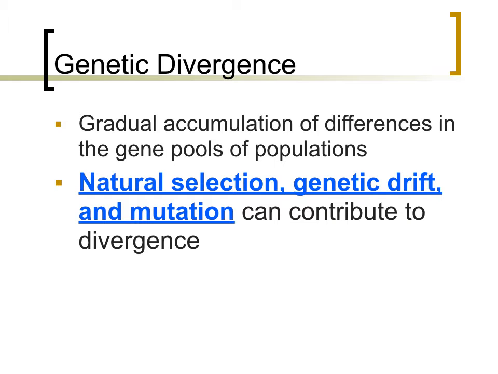So that change in the gene pool, natural selection is going to change the gene pool because natural selection is going to select for certain characteristics to be more or less present in that gene pool. Genetic drift, if you were to isolate a small part of the population, that will also have an effect on the gene pool, and mutation is going to introduce new traits. So these are all going to lead to divergence.